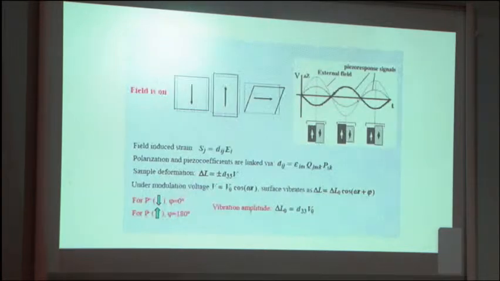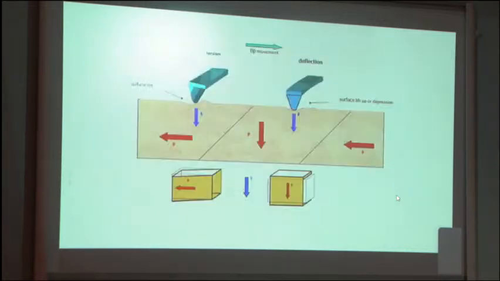But as I'm saying, when we apply AC voltage, in this case it's possible to separate topography and the piezo response. But we have two different types of deformation of the cantilever.